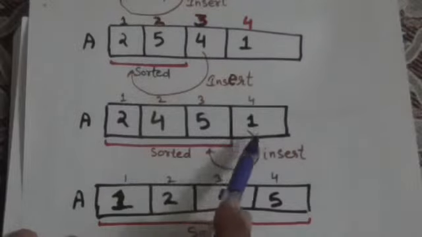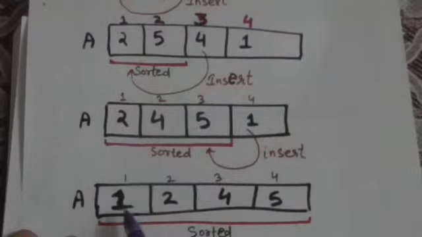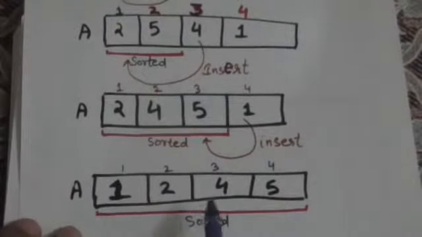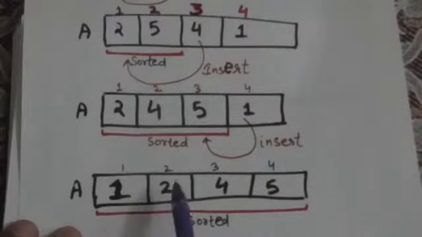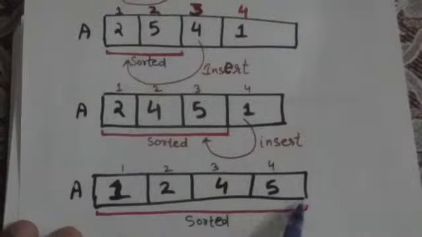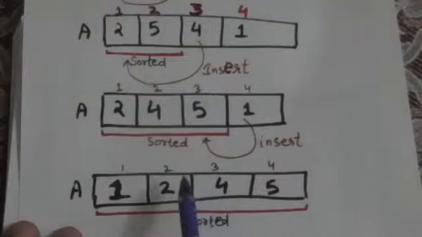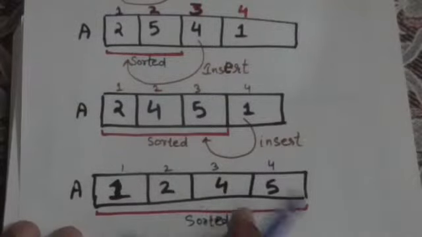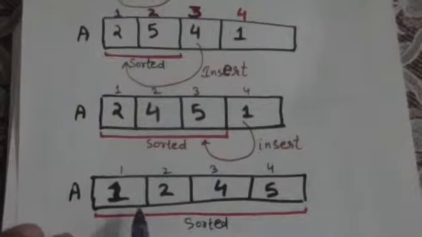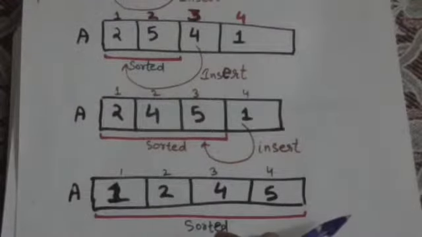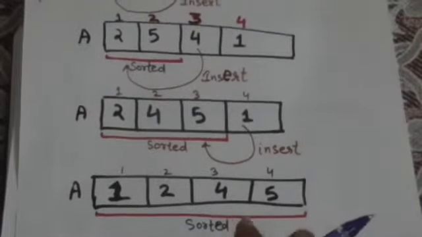So after inserting this element 1 in these sorted elements, we will get this array. Now all elements of the array are sorted, arranged in increasing order. Now this array is sorted in increasing order.